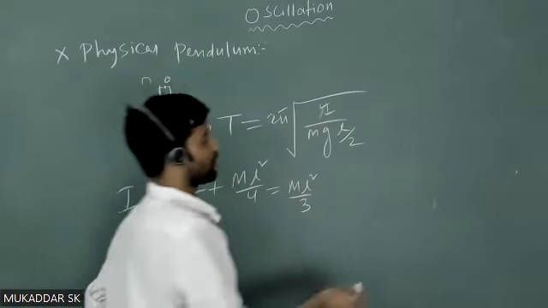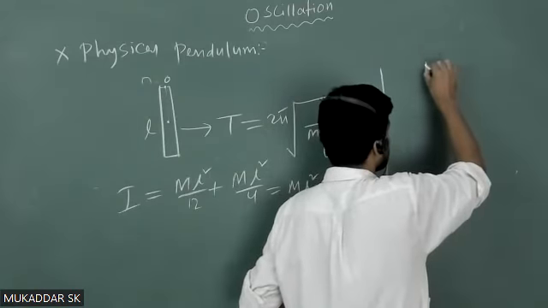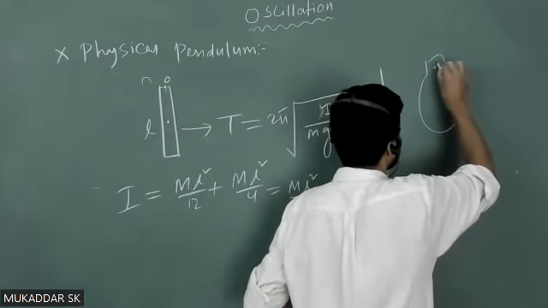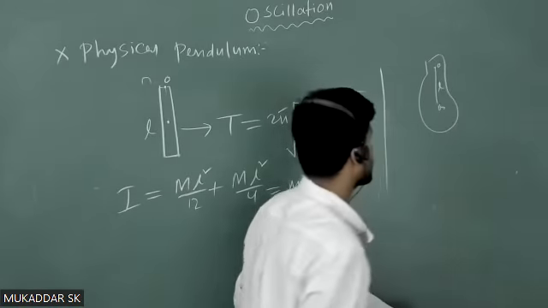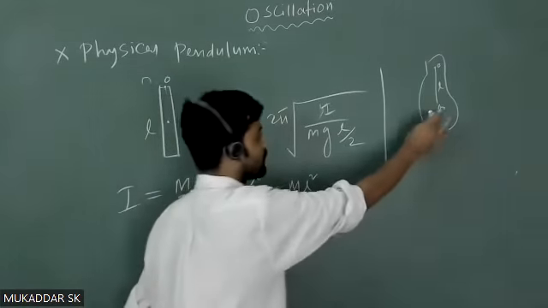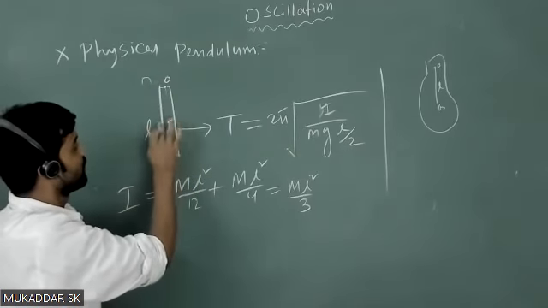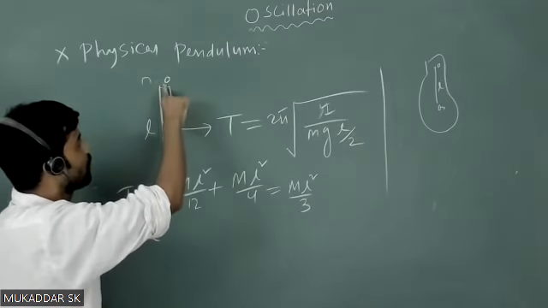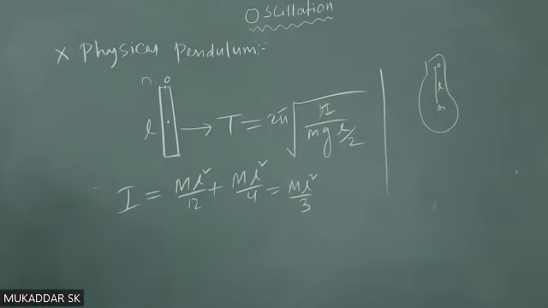For the physical pendulum, what distance did I take? The point of suspension to the center of gravity, that distance I took as L. If you compare this system and that system, the total is L, so obviously this length will be L by 2. Okay, sir.